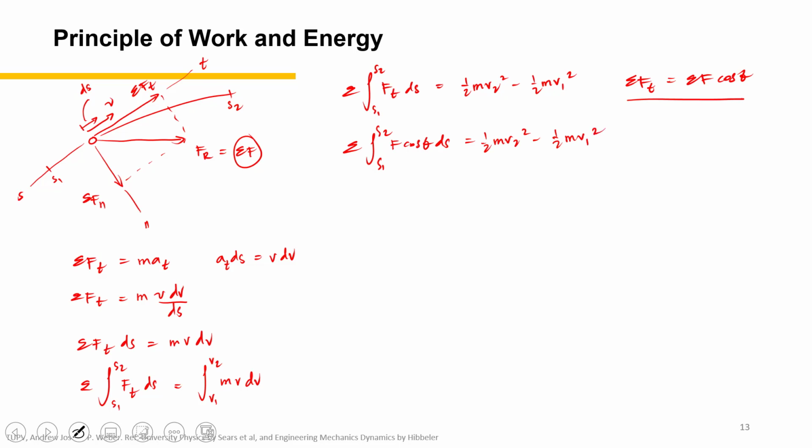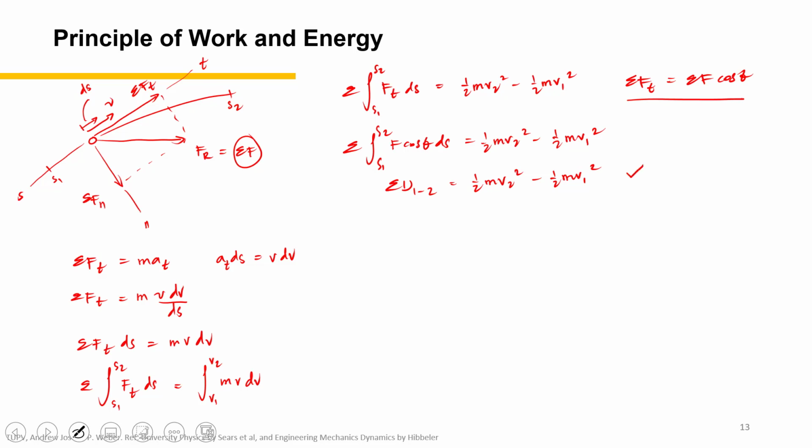Now the left part of the equation seems familiar, and that is equal to the work done from point 1 to point 2. It is equal to work from point 1 to point 2, which equals 1/2 m v2 squared minus 1/2 m v1 squared.